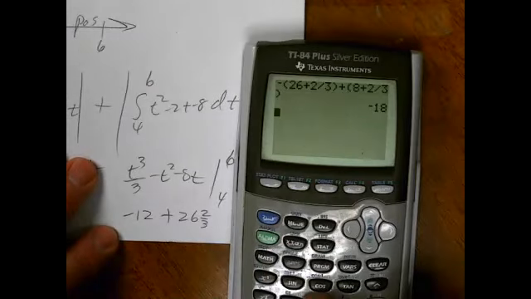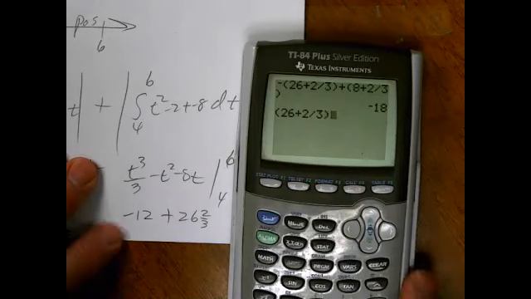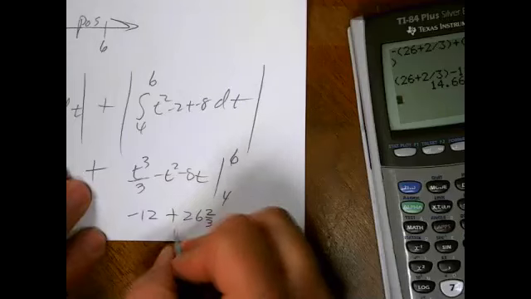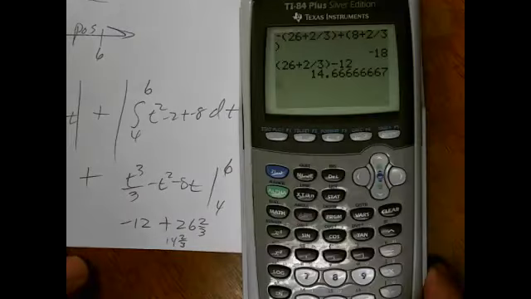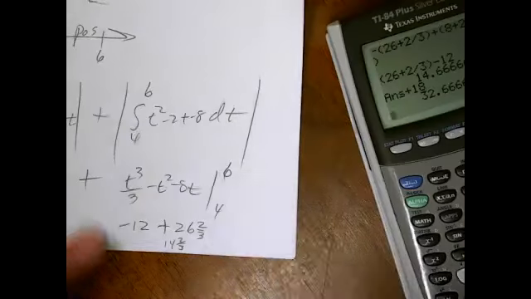So I take 26 and 2/3 minus the 12, and I get 14 and 2/3. So 14 and 2/3 plus 18 is 32 and 2/3.